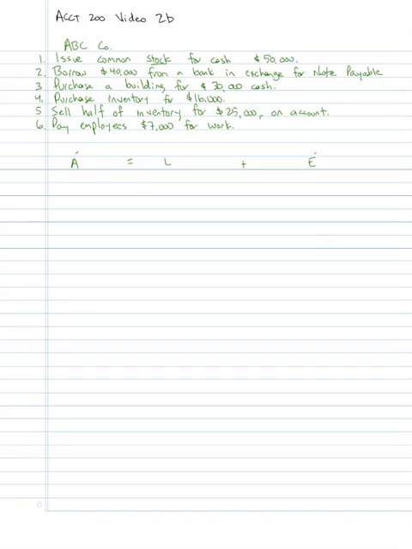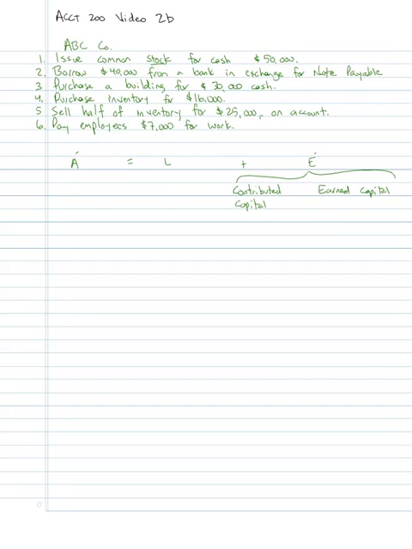Now, equity has multiple components that are different from each other in ways that are worth pointing out. So one thing we want to keep track of when we keep track of equity is whether the equity is contributed capital, in other words, money put in by the owners, or whether it is earned capital, money that the business earns by operating.